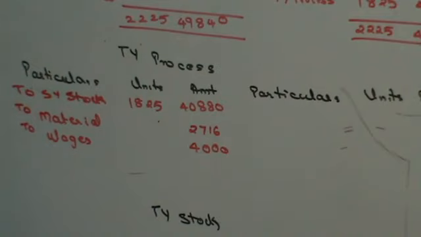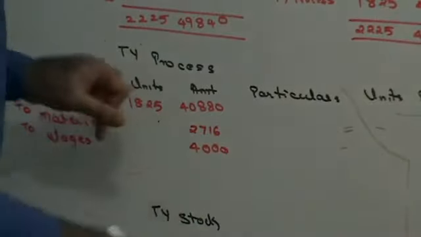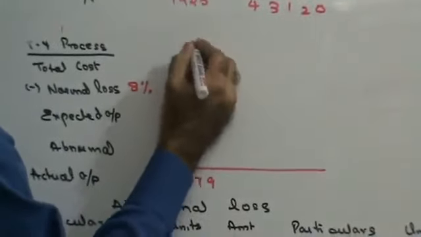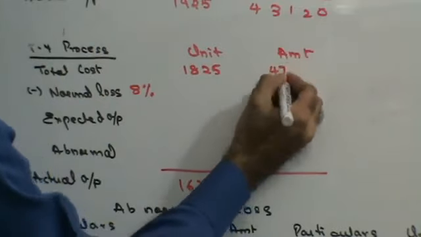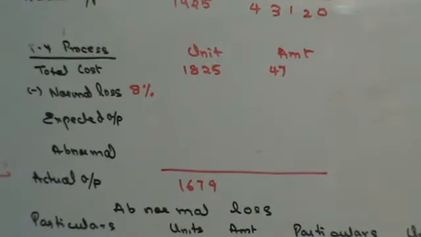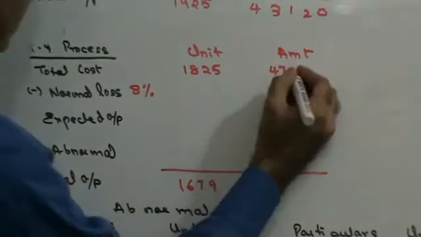If you add this 40,880 plus 2716 plus 4,000, that will give you 47,596. So let's see this. This is 1825 units and amount is 47,596, TY process.